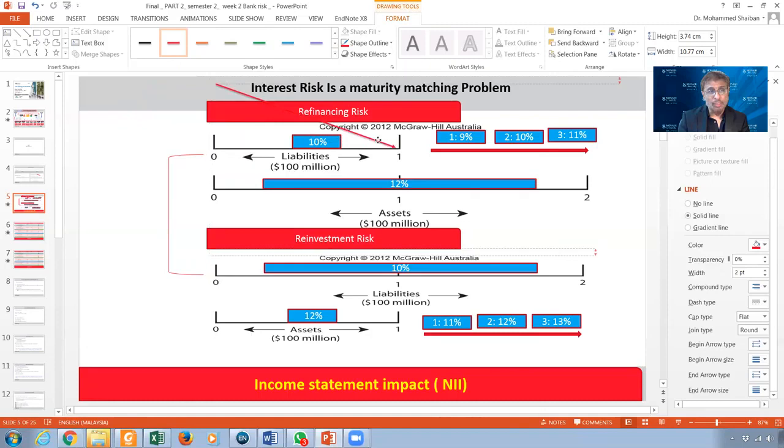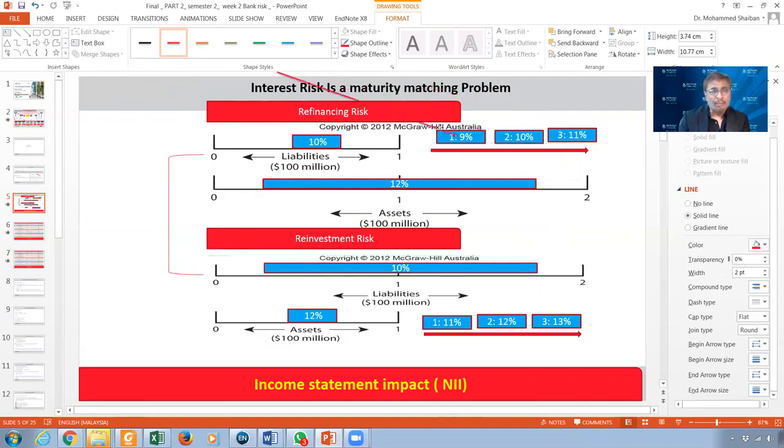When this matures and they want to renew it, they will ask me for the new rate, either the same depositor or any other depositor. We will have to have new terms and conditions, and a new contract. Now, assuming the next year the rate will be 9%, this is here 10%, maybe the interest dropped to 9%, or maybe it stays, or maybe it goes to 11%.